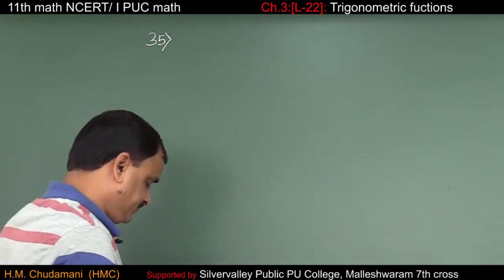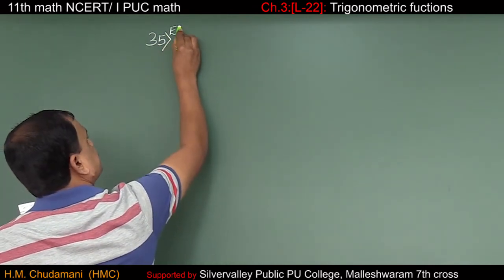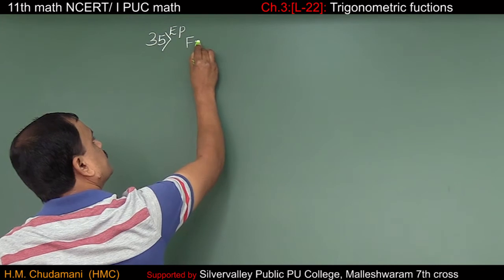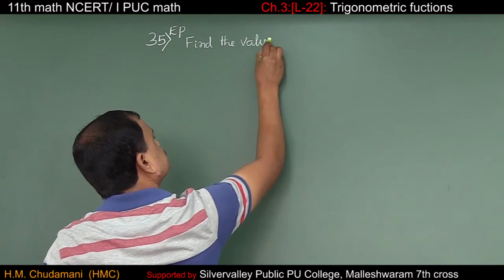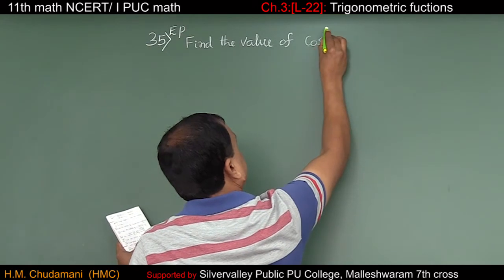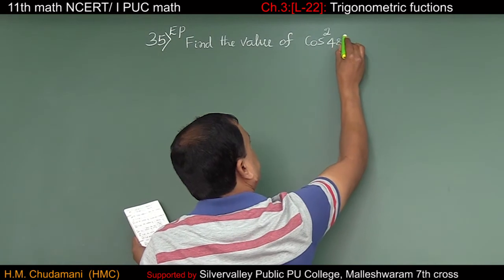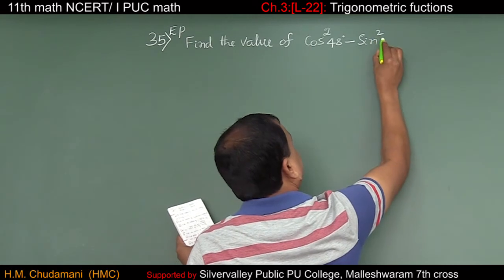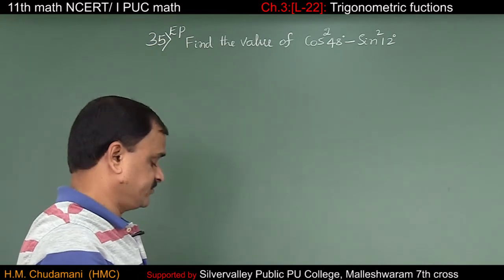Question number 35. Again an exemplar problem. Find the value of cos square 48 degree minus sin square 12 degree.